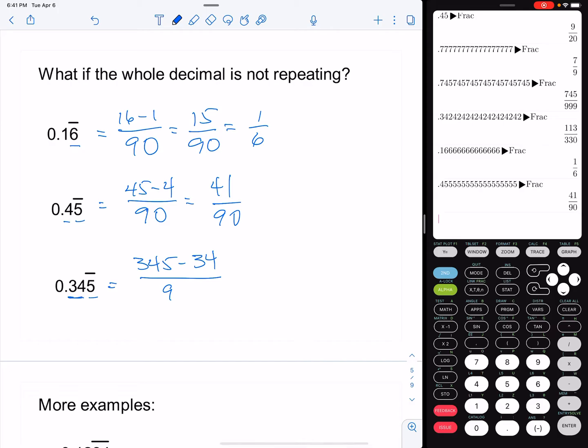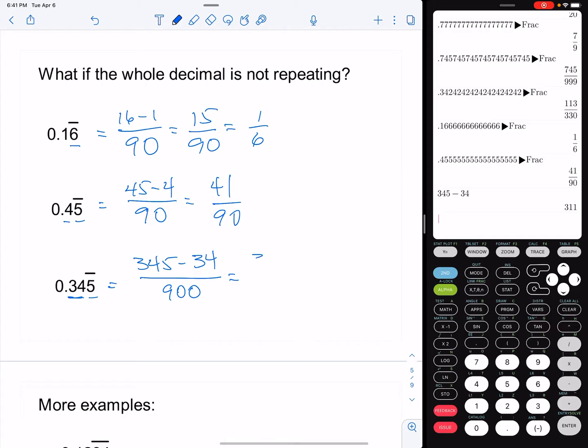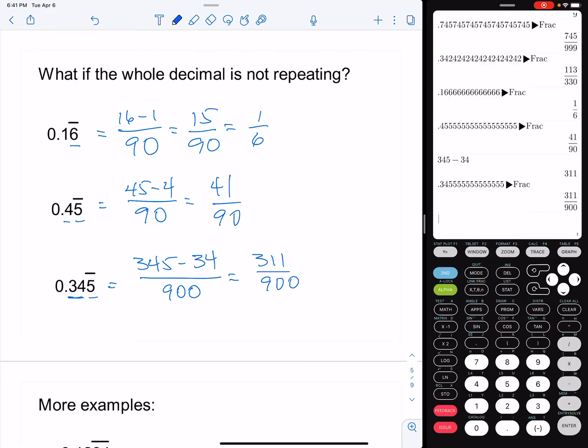We have two numbers that don't repeat. So that's 900. So we come to our calculator, do 345 minus 34. You find out that your top number is going to be 311, and your bottom number is 900. So now we see if it can simplify. So point 3, 4, 5, 5, 5, 5, and so on. Math, enter, enter. And you find out that that one is also already in simplest form.